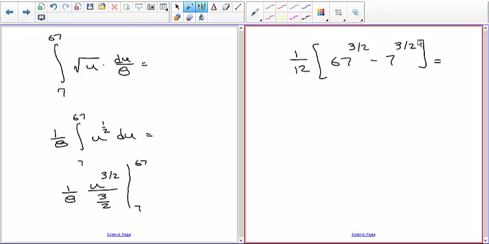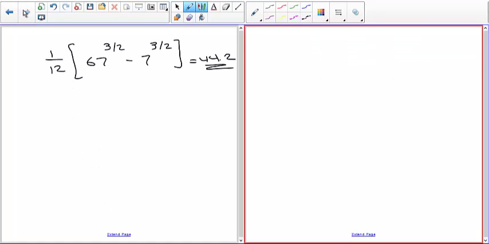I think the number's around 40 something. So 1 divided by 12 times 67 to the 3/2 power minus 7 to the 3/2 power, and you get 44.2. Okay, so that's the answer for that one.